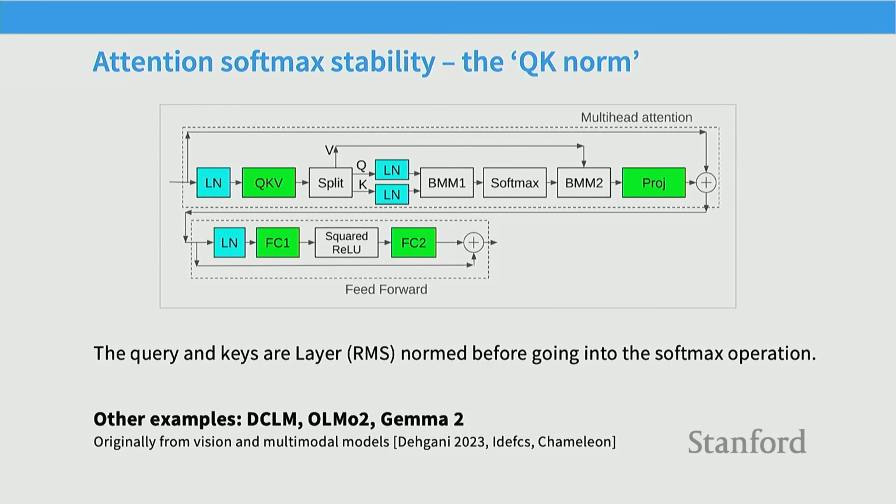And then the other trick that we see, so that was how to stabilize the output softmax. But we've got another softmax we have to deal with, right? The other softmax we have to deal with is in the attention operation. This is from an NVIDIA paper. I forgot to put the citation marker. But here, this is a block diagram of how attention works.